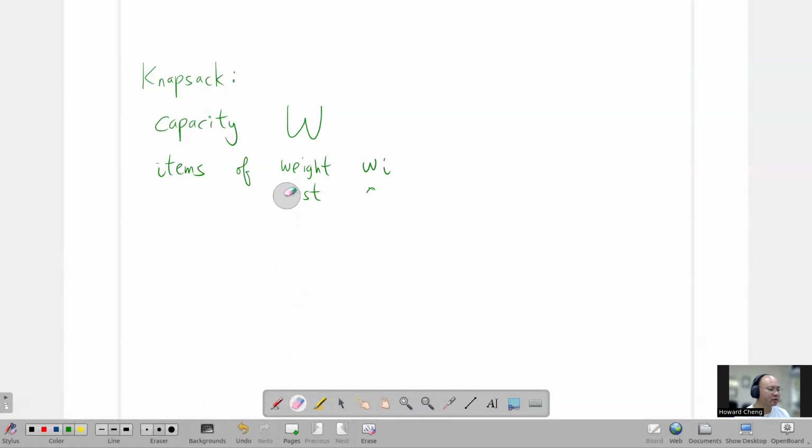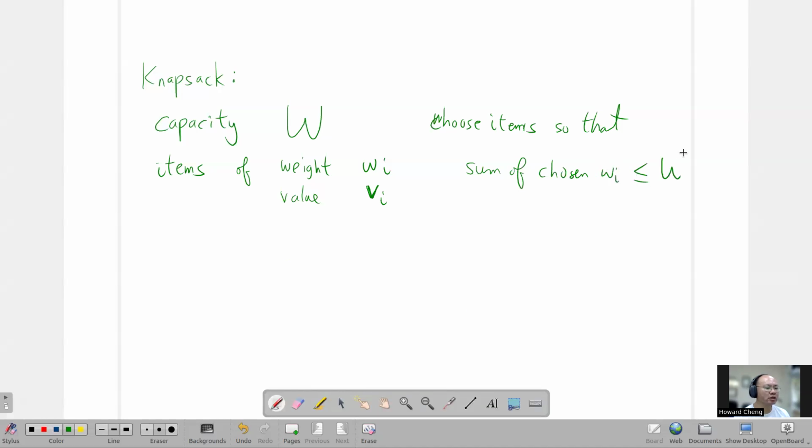It doesn't matter whether it's value or cost. Okay, so value. The original knapsack problem is about value, I guess. Then you want to choose items so that the sum of the chosen weights is at most the capacity, so you cannot choose more than what you can carry in this knapsack.